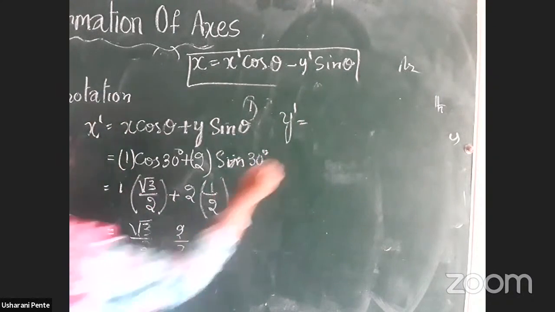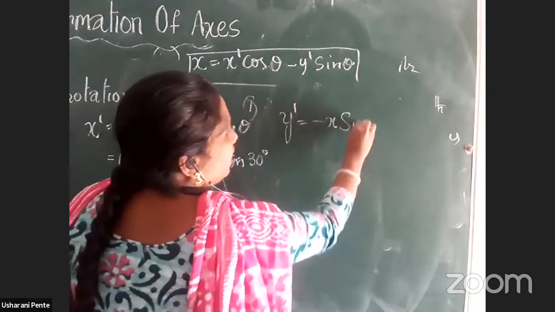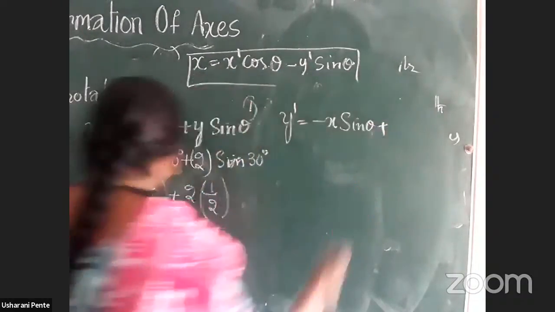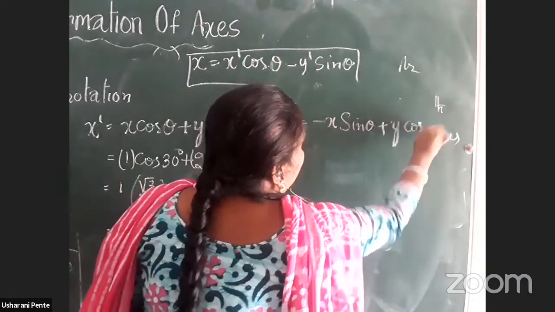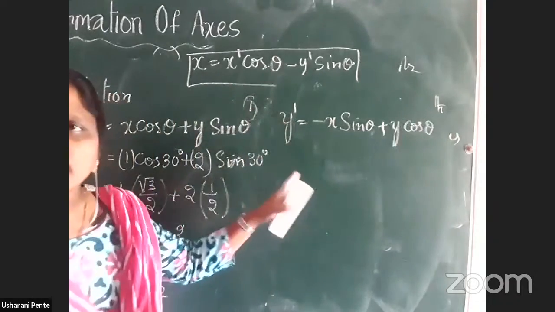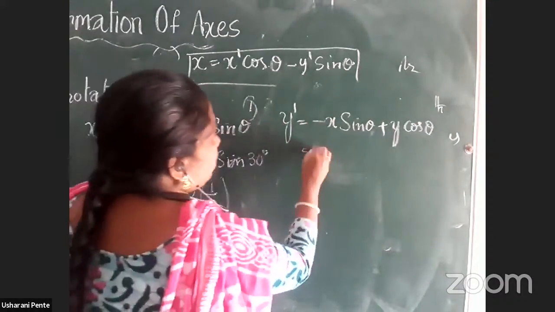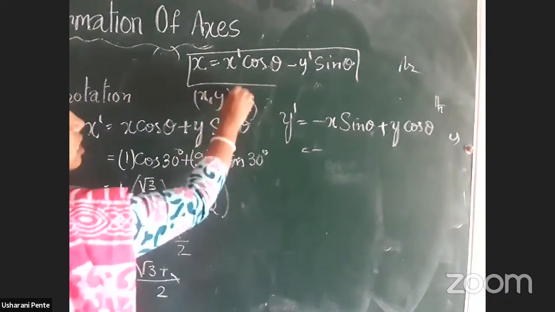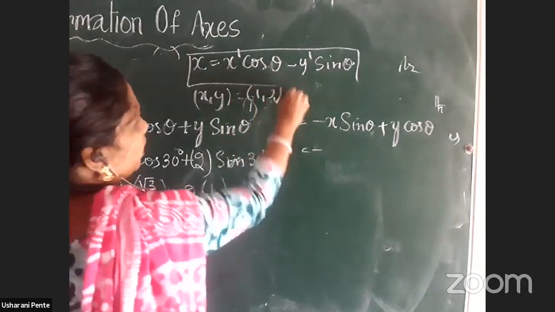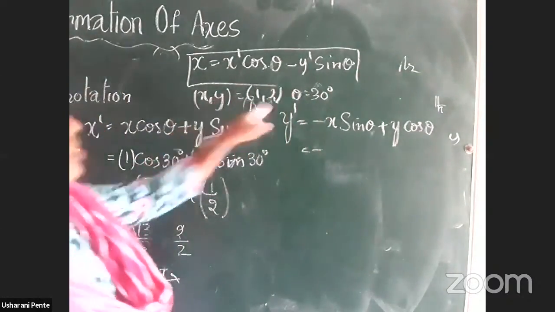Y dash is equal to minus X sin theta plus Y cos theta. Then what is the value of X? We know that X comma Y is equal to 1 comma 2, and theta is equal to 30 degrees.